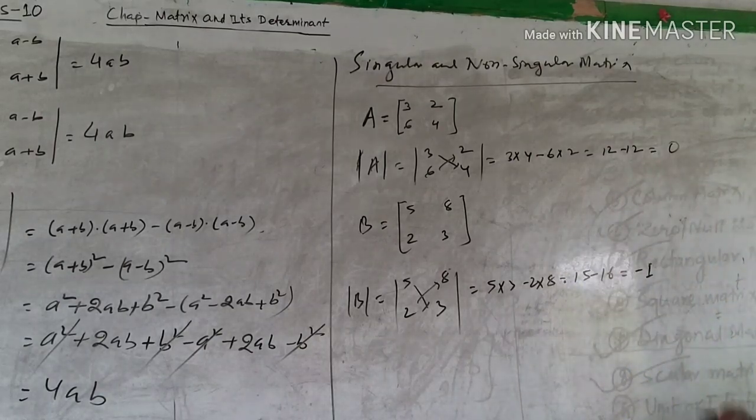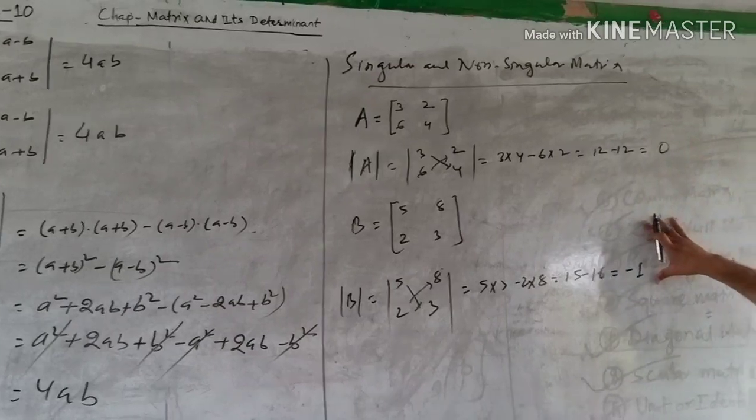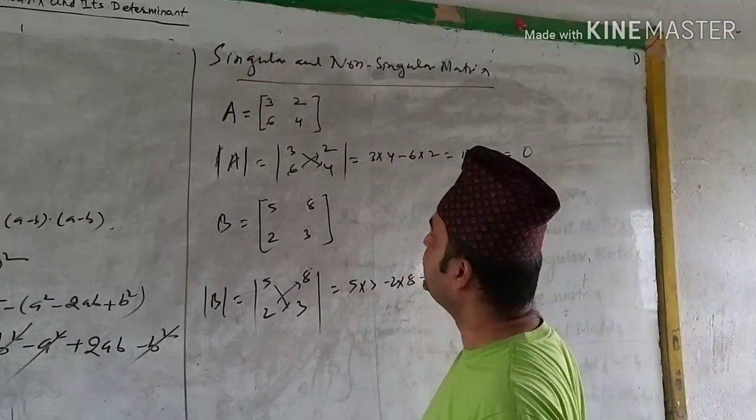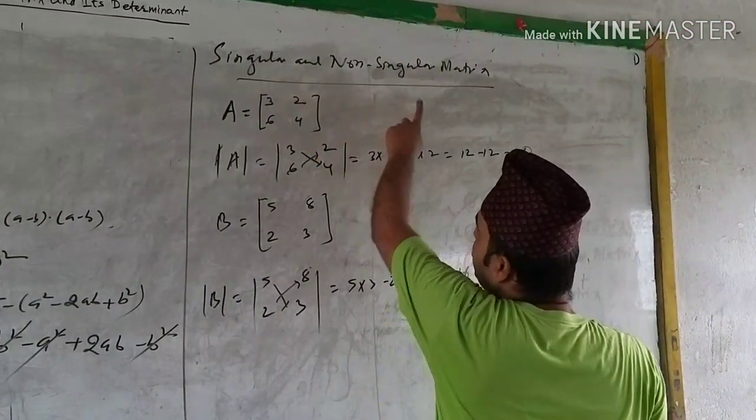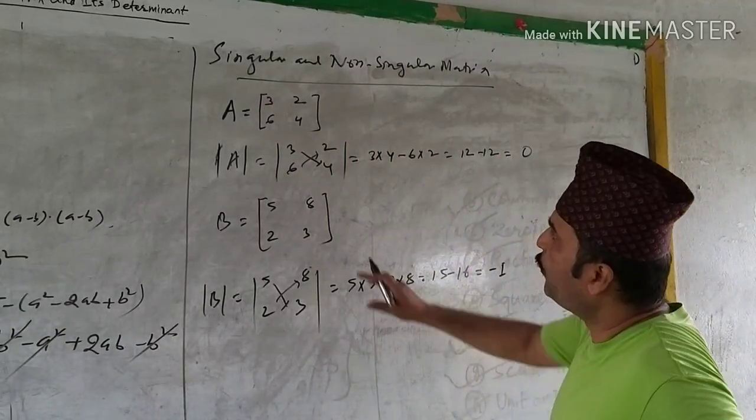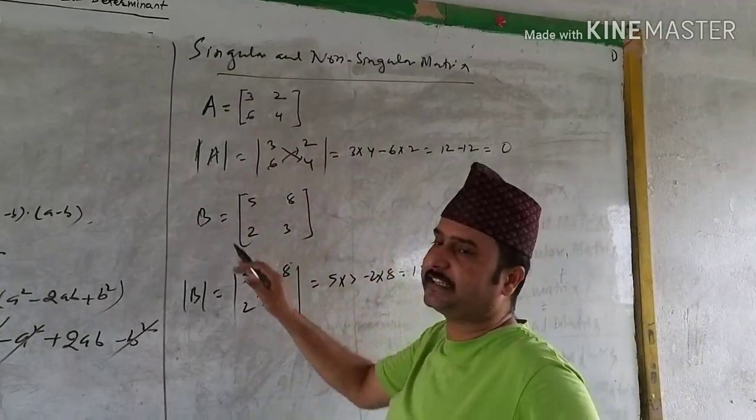What you have observed is that I have taken two examples here, and we are reading the topic singular and non-singular. One of these matrices is a singular matrix and the other is a non-singular matrix.